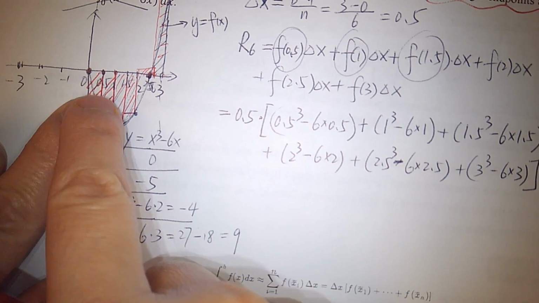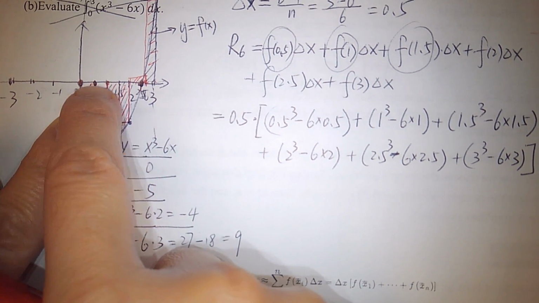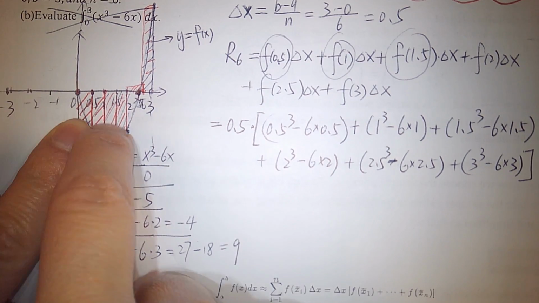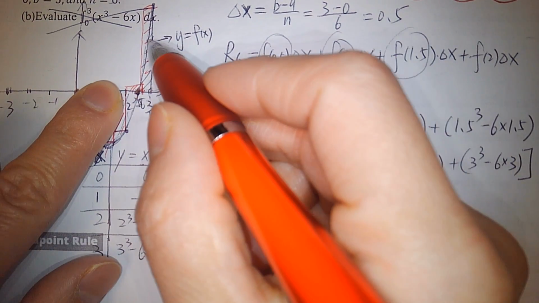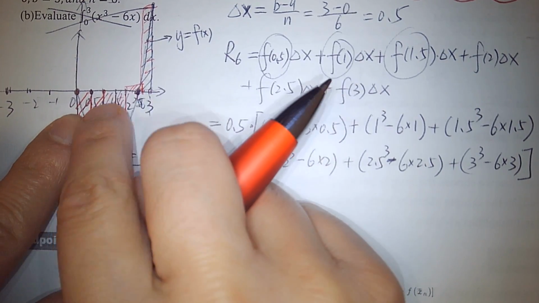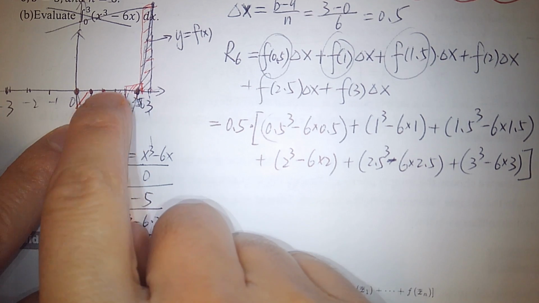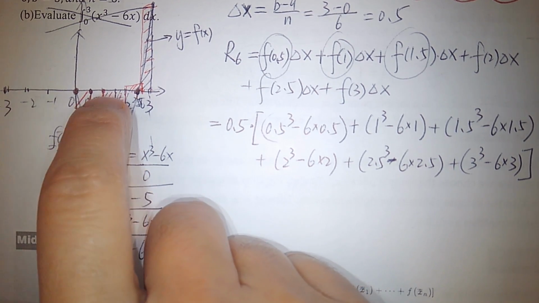Because even the shaded original region will have negative values. So this part of the area is negative. This part, the area above the x-axis, will be positive. So they may offset some. However, eventually the answer is negative because you have more regions below the x-axis.